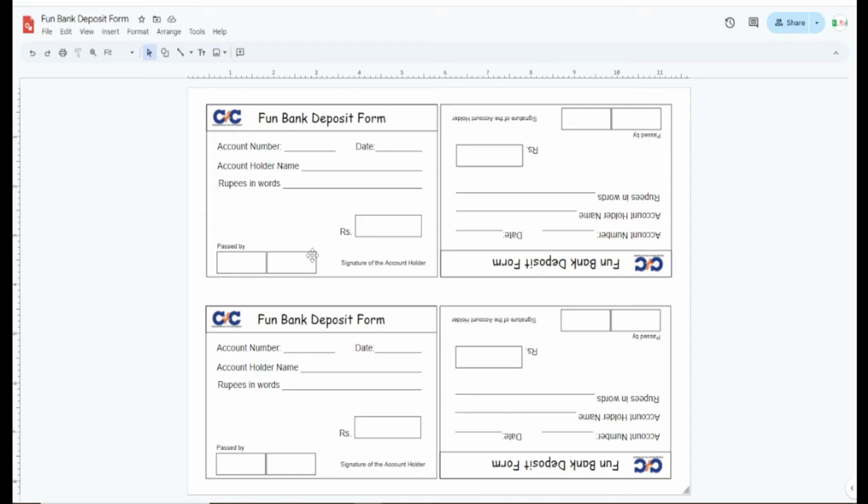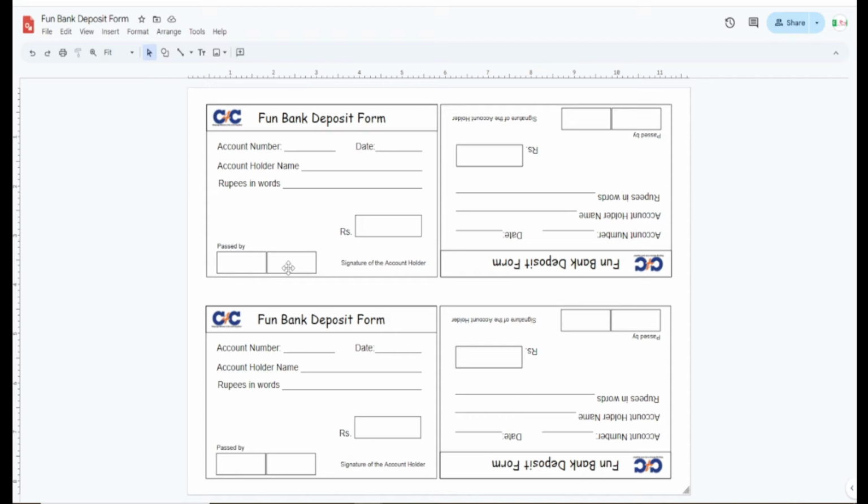Next there will be two counters. Counter 1 will register this form, which means digitalize this filled form. Next it will pass to counter 2, who will verify and do the next process.